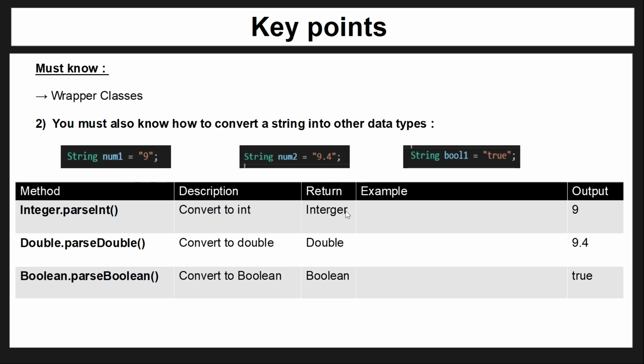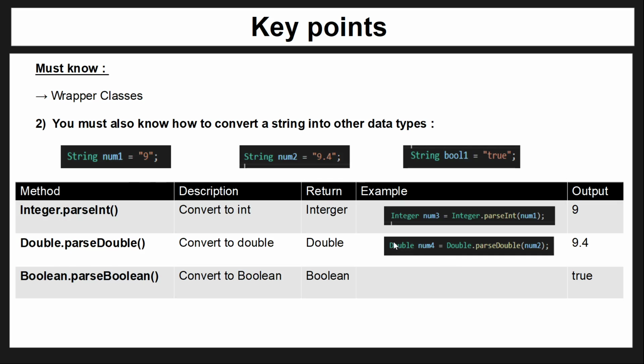So to convert number one, if you have Integer.parseInt and then add the value here, you can insert that into an Integer wrapper class, and then that would be a 9 integer. Same with the double.